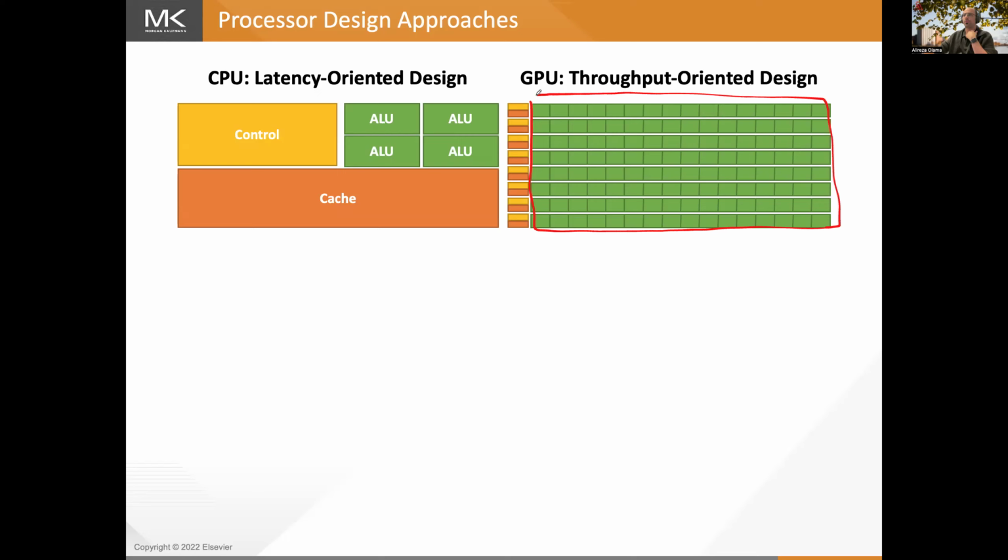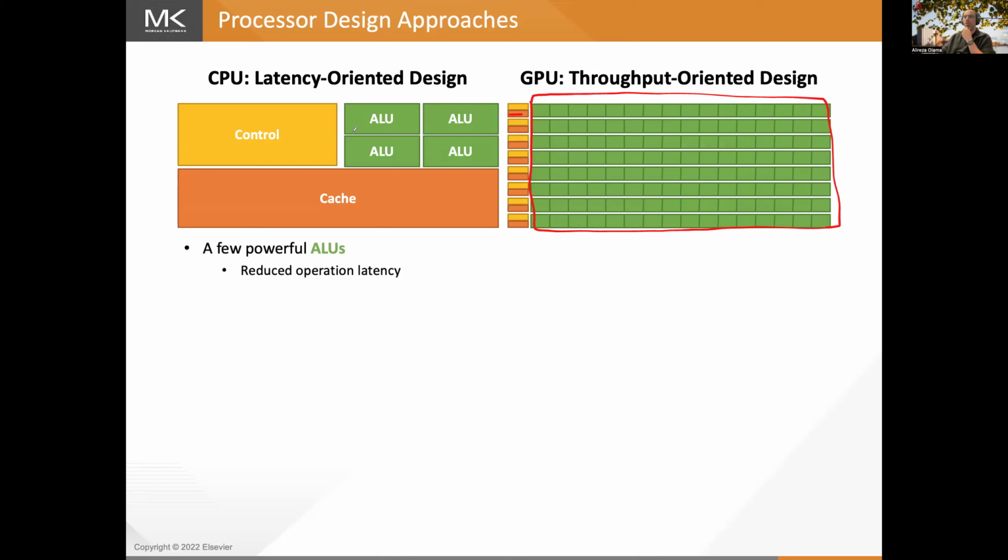So you have a lot of ALUs, and you can have a thread for each ALU. So you have a lot of threads, but you don't have a lot of space for cache and for control. It means the cores in a GPU are simpler than in a CPU, but you have a lot of cores. That's how you increase the throughput of the computation.